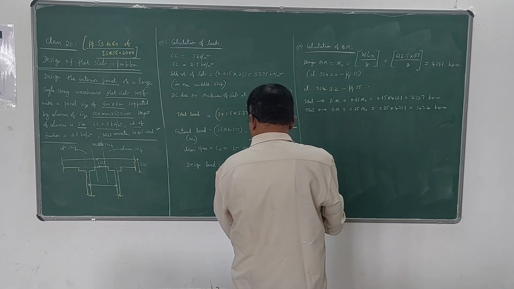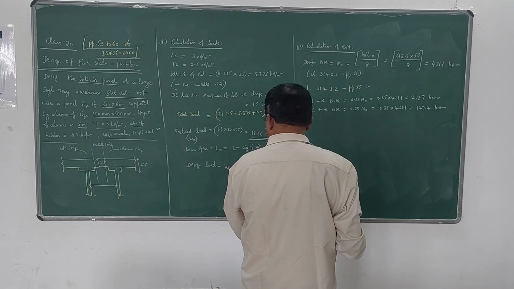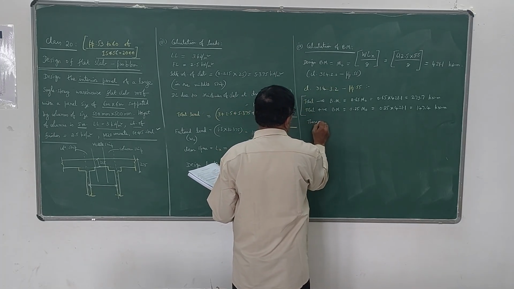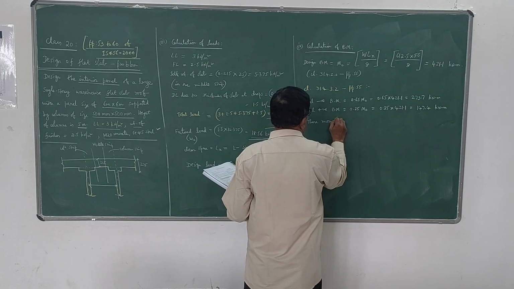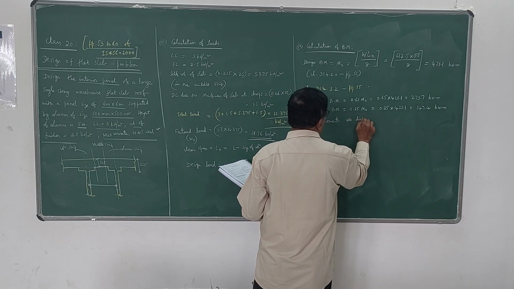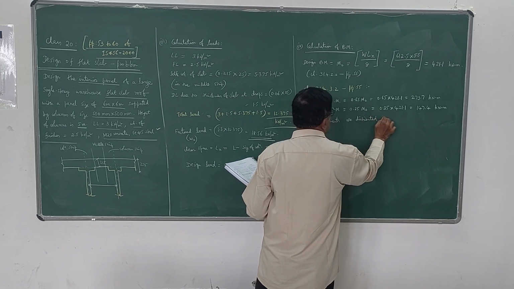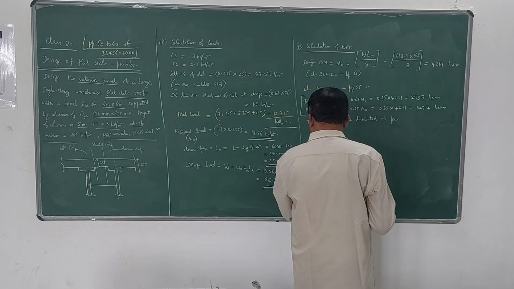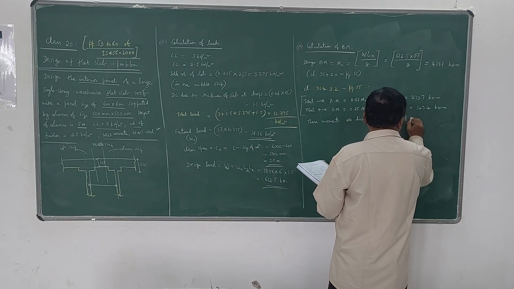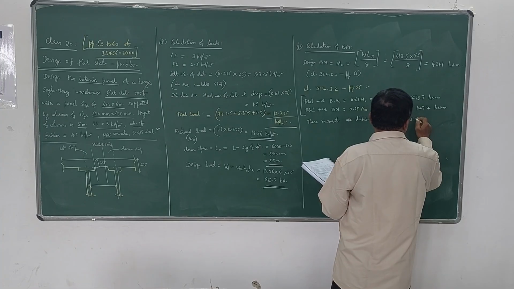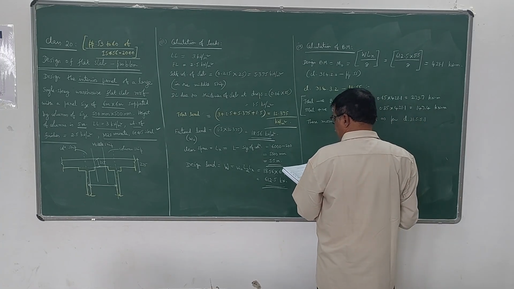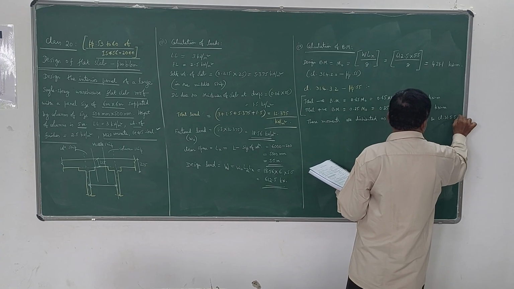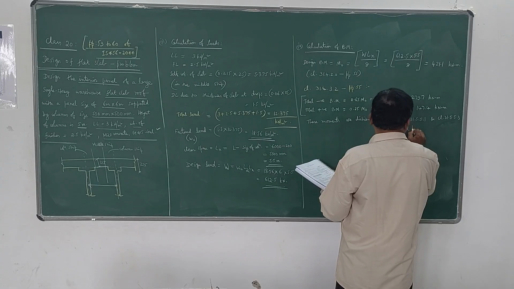Now these moments are distributed further, as per clauses 31.5.5.1 and 31.5.5.3, page number 57.